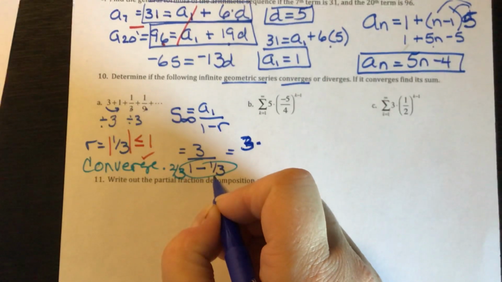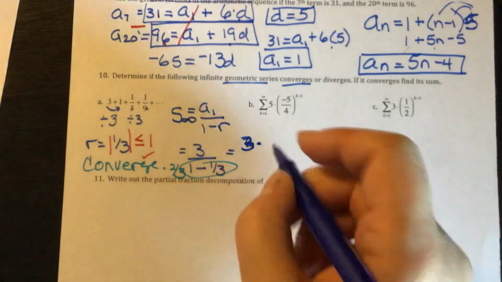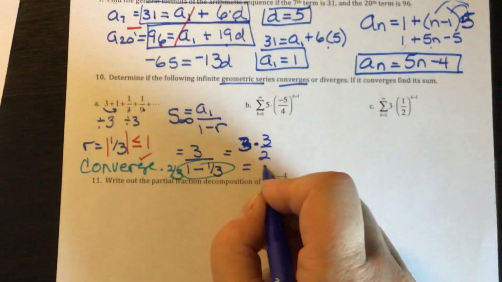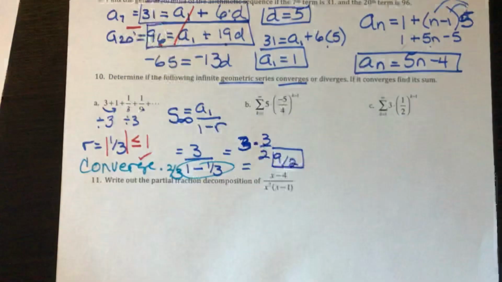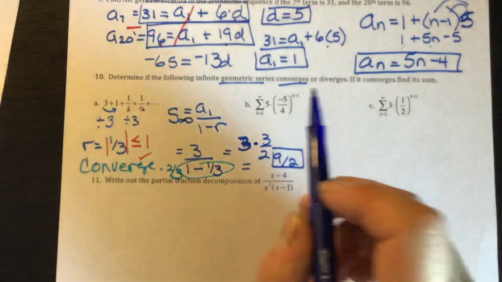So this is 3 divided by 2/3, which is 3 times the reciprocal, 3 over 2. Oh no, it's 9/2. Wrong problem. So this is 9 over 2, and that is the answer.